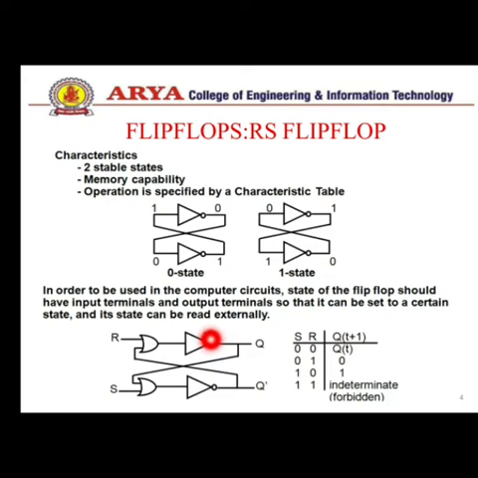So in this condition, the outputs q and q bar are both 1. This is not possible, because the first output is q and the second output is the inverse of the first output. So we always get an inverted output. We can't get the same output on both sides. So this is called an intermediate state, or forbidden state.